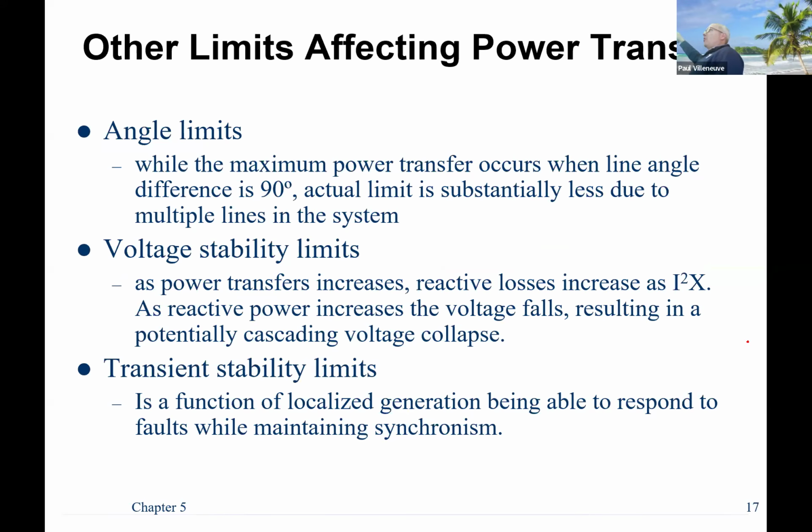So your V squared over X sub C drops, not only because you're pulling a lot of power, but the voltage, right? The V squared gets smaller and smaller and smaller until you get a collapsing point. And that's why they call it a nose curve. I guess it looks like a nose. And then the transient stability is basically if we have a fault on one side of the line, that system has to be able to respond quickly.